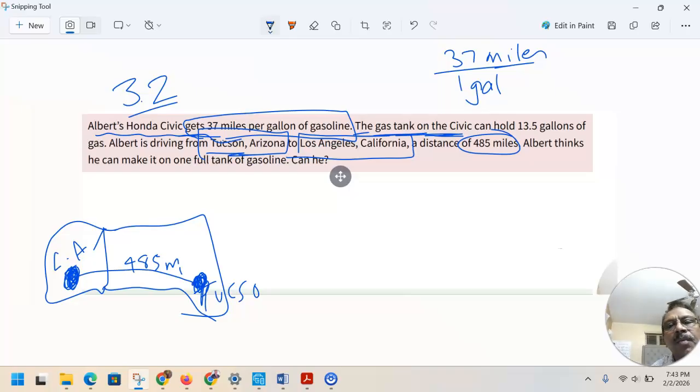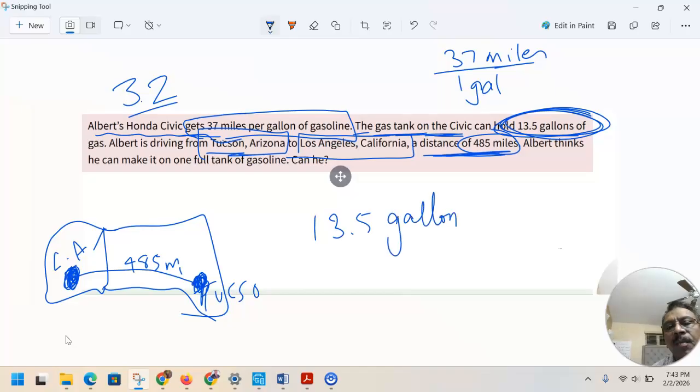The distance is 485. Since the tank has 13.5 gallons, we start with 13.5 gallons and multiply, and this is the place where you write the rate.